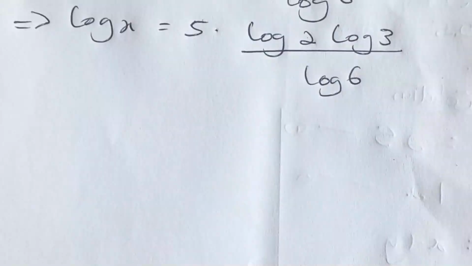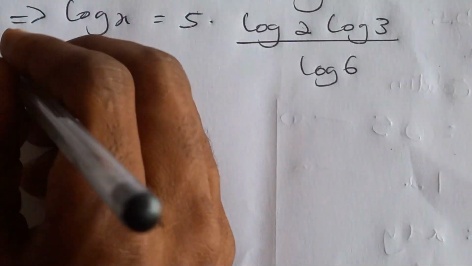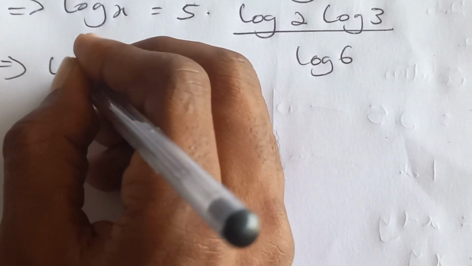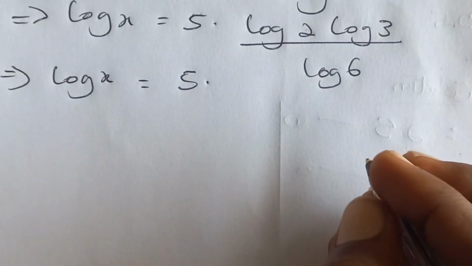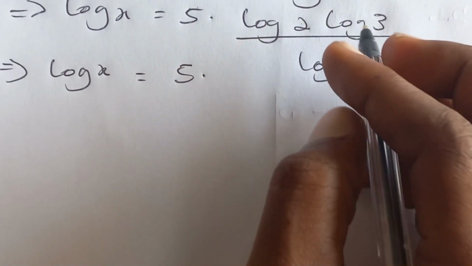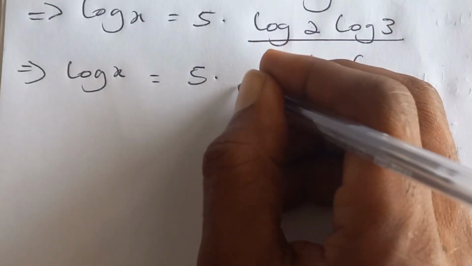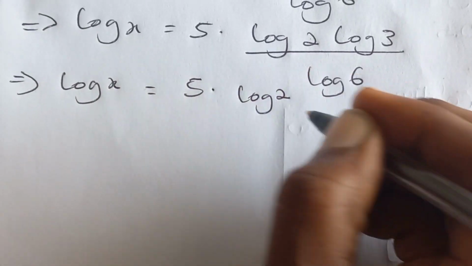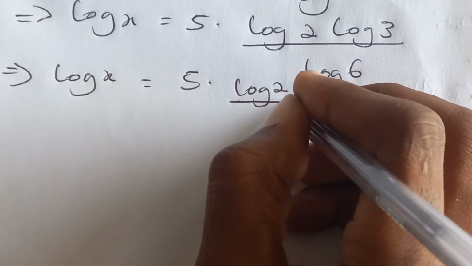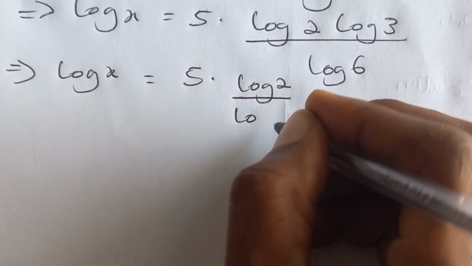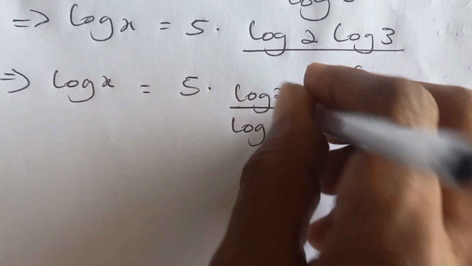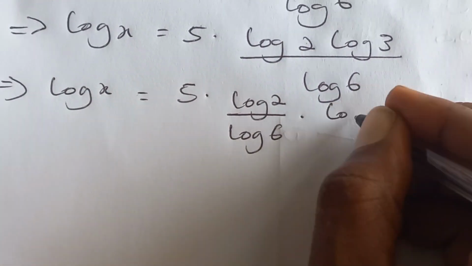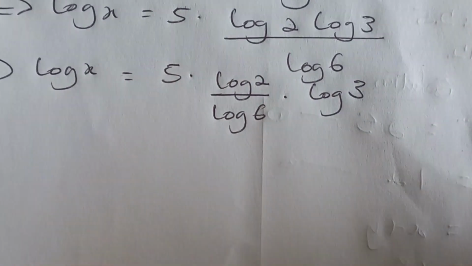So let's simplify it further. We get log x is equal to 5, then this can get log 2 on log 6 multiplied by log 3, like this.